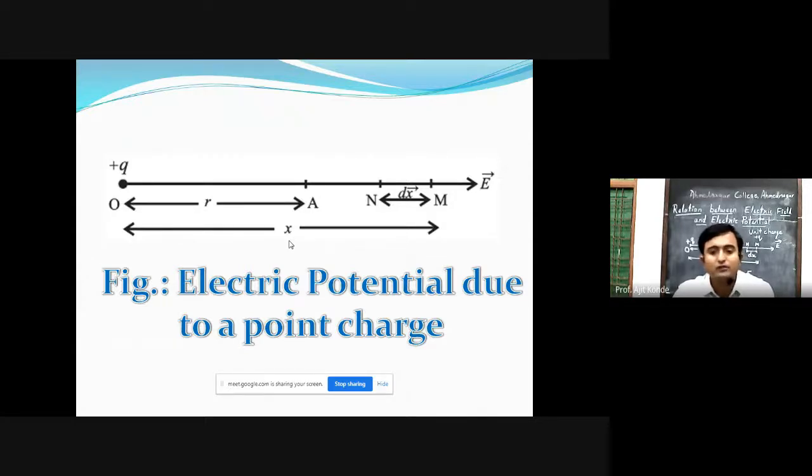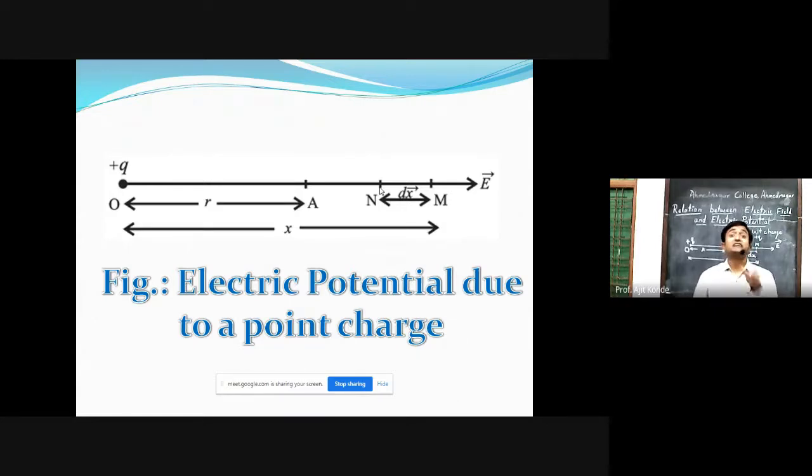Over here, what will we do? First of all, we will find the work done or change in electric potential when we move the unit positive charge from point M to N. When we get the change in electric potential for a small displacement dx, then we will find the total change in electric potential, and that will be from M to A. And for that, what do we do?